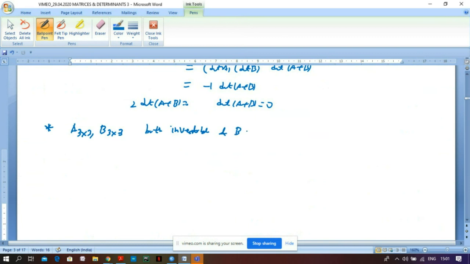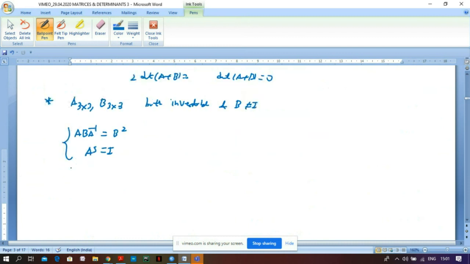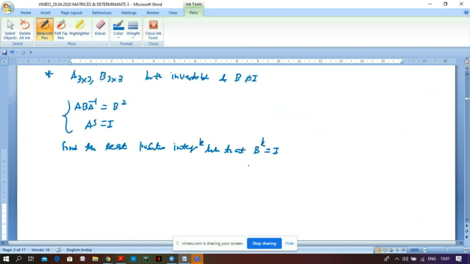B is not I, B is not the identity, and A inverse is B squared, and A to the power 5 equals I. I want to find the least positive integer k such that B to the power k equals I. A to the power 5 is given to be I, and you want to find this one now.